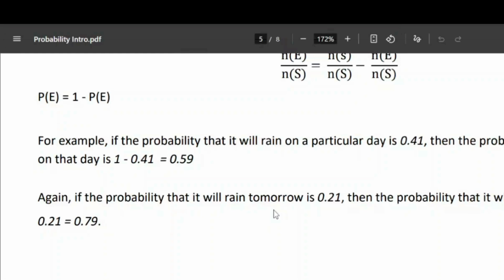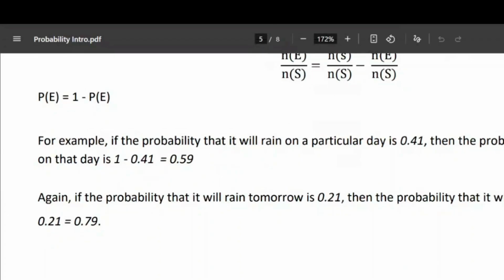Let's look at a practical example. If the probability that it will rain on a particular day is 0.41, then the probability that it will not rain is what? 1 minus 0.41, which is 0.59.